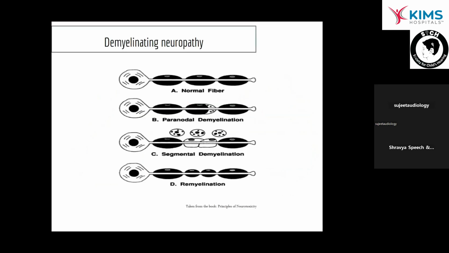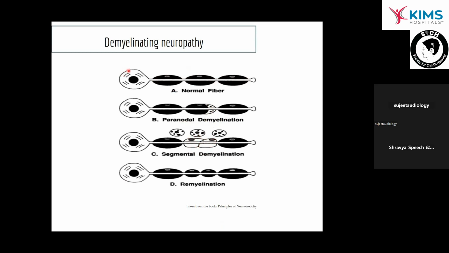Now the demyelinating pathology can have different kinds of demyelination. This is a normal fiber where you can see the myelin sheath is regular. Then there can be a paranodal demyelination. Paranodal demyelination means the small segment here has got demyelinated. Then there can be a segmental demyelination wherein the complete myelin sheath has disappeared here.